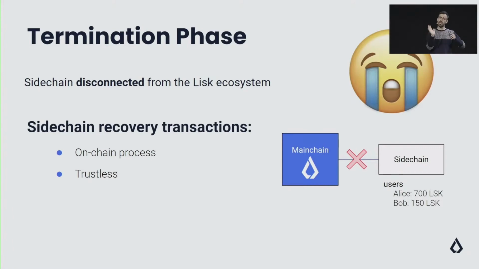Again, everything happens on the Lisk main chain, and if you trust the Lisk main chain, you can send these transactions without problem. And the last one, these transactions are secure. This means that as long as the Lisk main chain is secure, so it's progressing as expected, these transactions can be sent, and they will be processed, and tokens will be recovered.